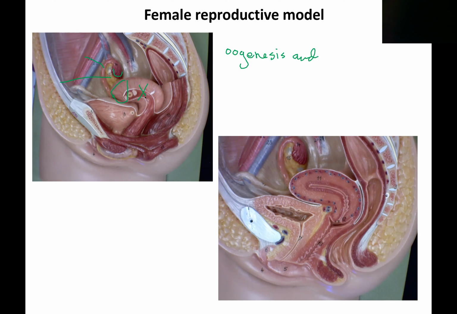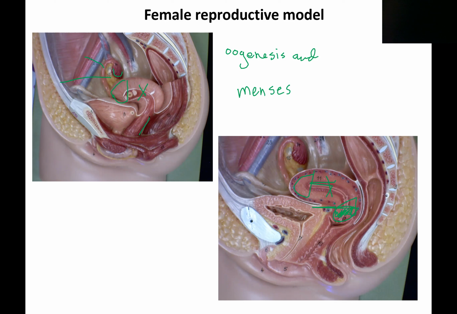They expel menses, the fetus and the placenta. The fundus is also over here. The body of the uterus is here. The cervix of the uterus is here. And that acts as a birth canal and the entryway for sperm.